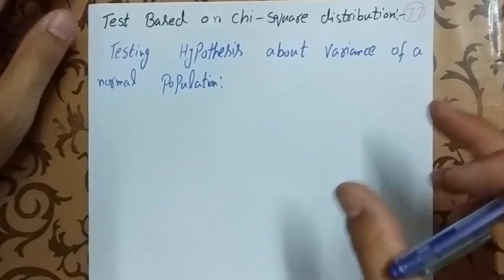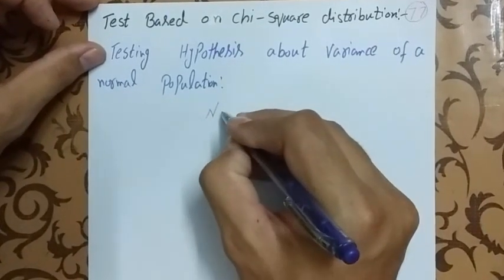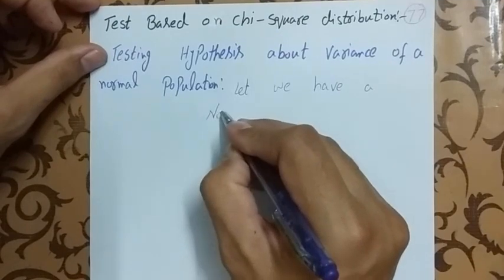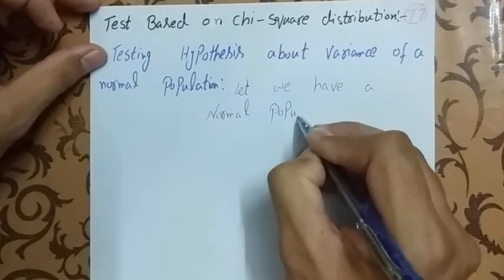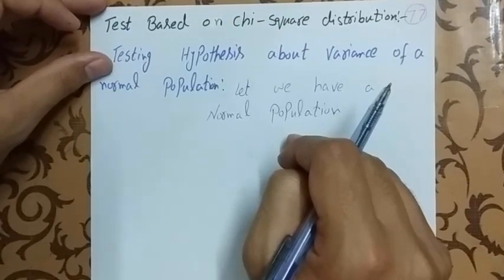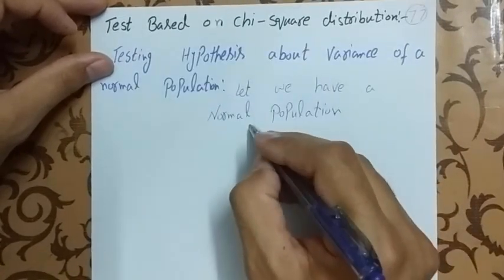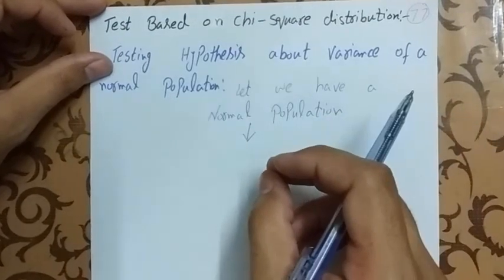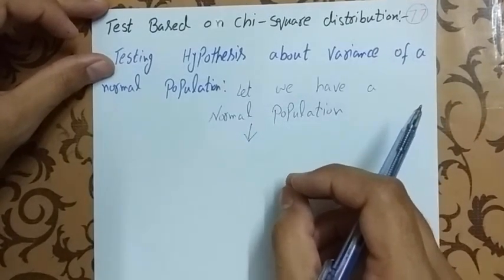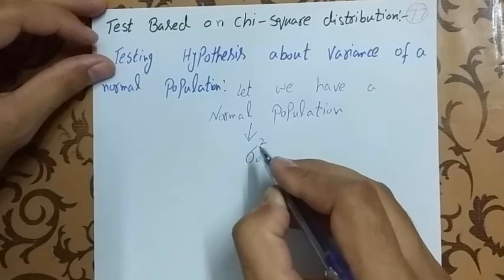First of all, we have a normal population, and we desire to test a null hypothesis, that is, about the variance, which is denoted by sigma naught.